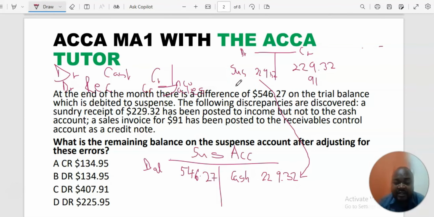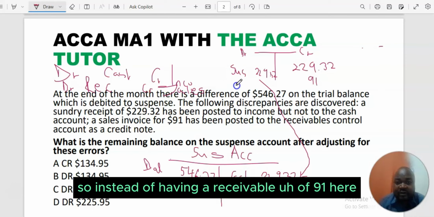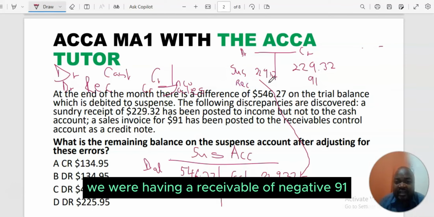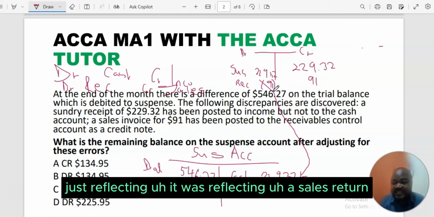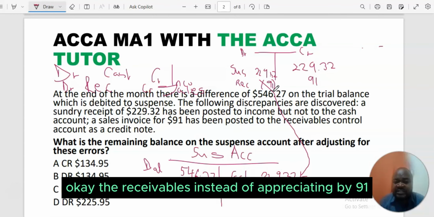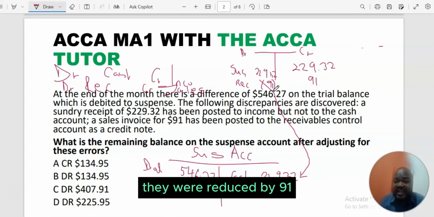So instead of having a receivable of 91 here, we were having a receivable of negative 91, reflecting a sales return. The receivables, instead of increasing by 91, were reduced by 91.